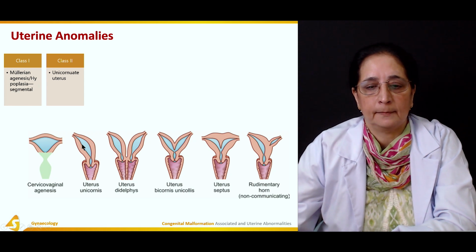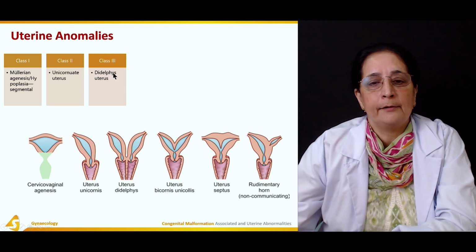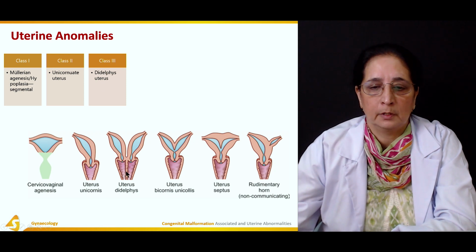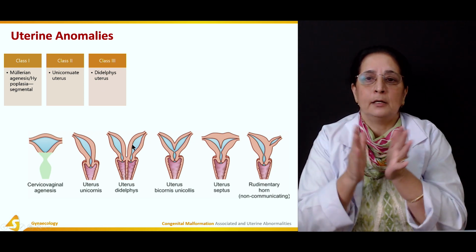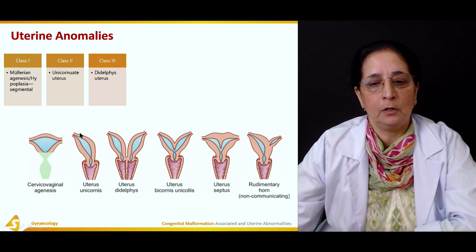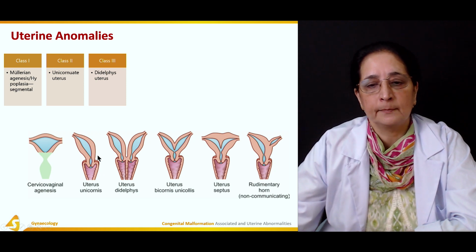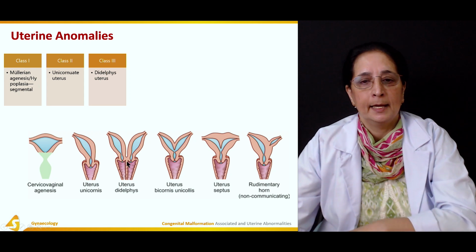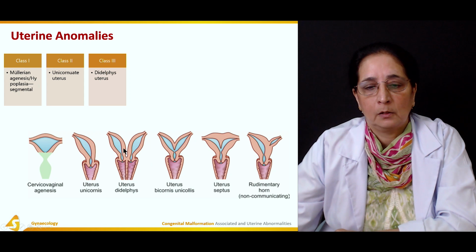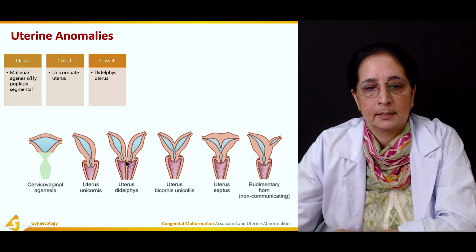Then in class 3, there is uterus didelphys. Here you can see two separate cornua of the uterus are present. This is uterus didelphys, in which we have the two cornua of the uterus, and they are separate too.